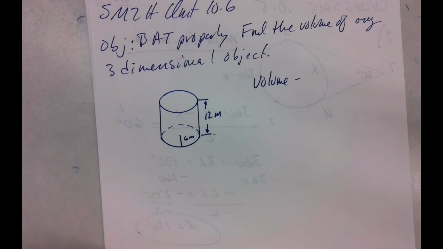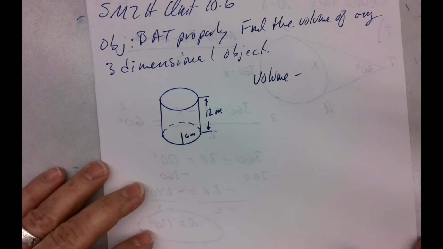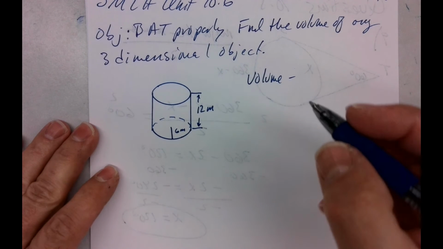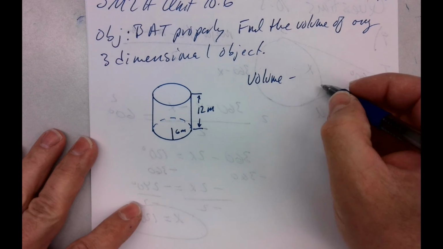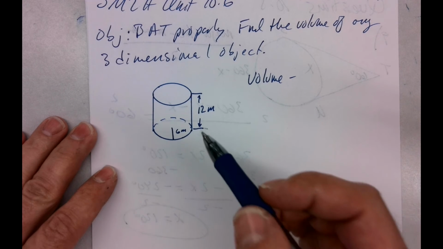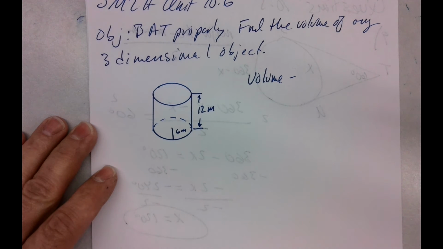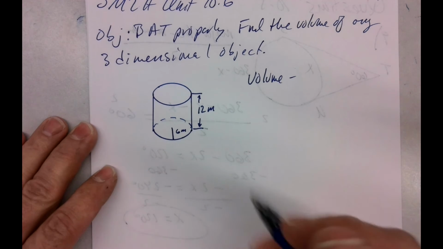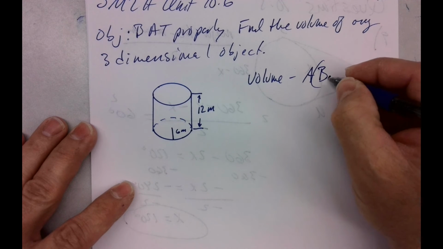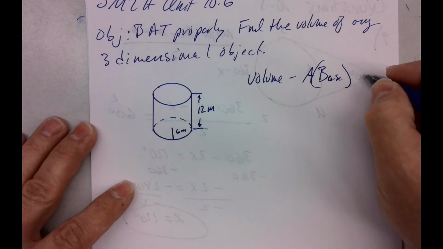Because this is a cylinder, what you're really going to do is find the area of the circle, and simply multiply it by the height. What you've got to understand is that everything's a little bit different. They're all similar. But for this one, I'm going to find the area of the base, and then I'm going to times it by the height.